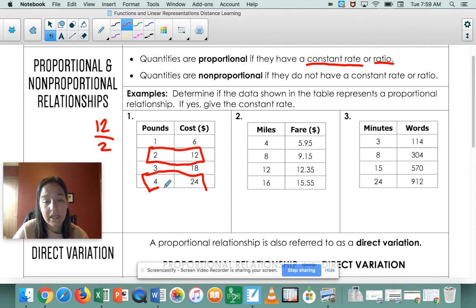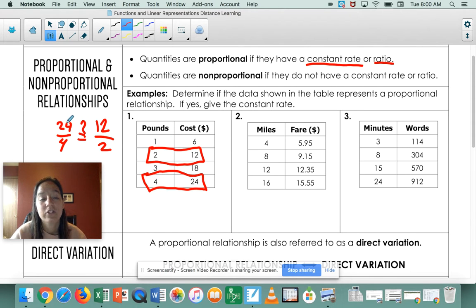So I'm going to take this 4 and 24 and I'm going to make it into a fraction. 24 over 4. And my question is, are these equal? And you should say yes.